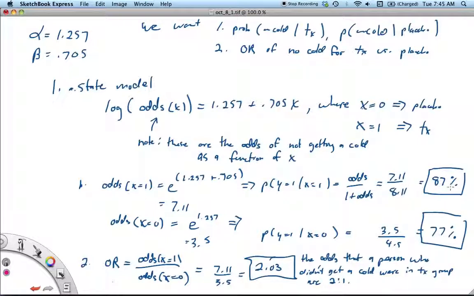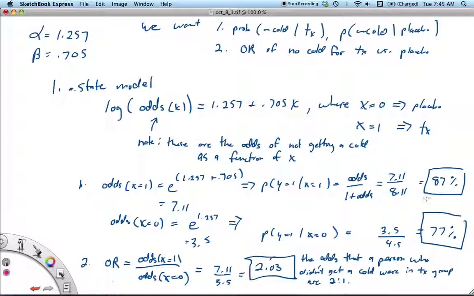And so the probability of not getting a cold for the treated group is 87%, or 0.87. And we do the same calculation for the odds with the non-treated group. The odds of not getting a cold given that you're in the non-treated group would be e to the, in this case, just alpha, because x was 0, so we dropped the beta term. And this implies that the probability of not getting a cold given that we were in the placebo group should be equal to the odds over 1 plus the odds, which is 77%.